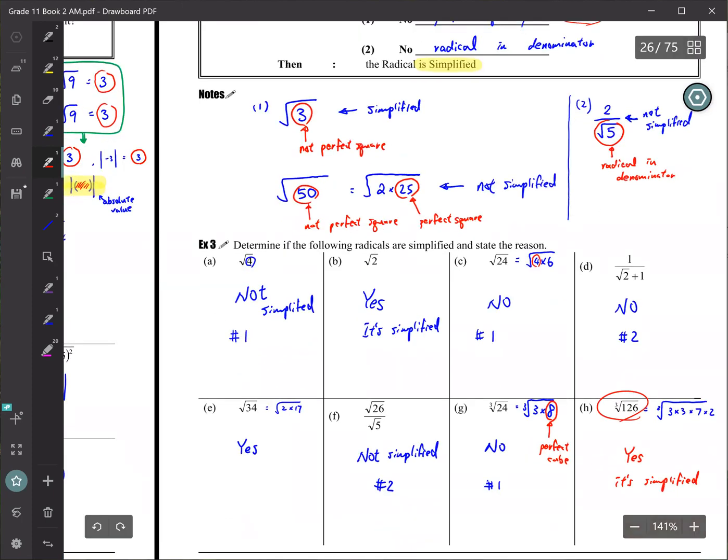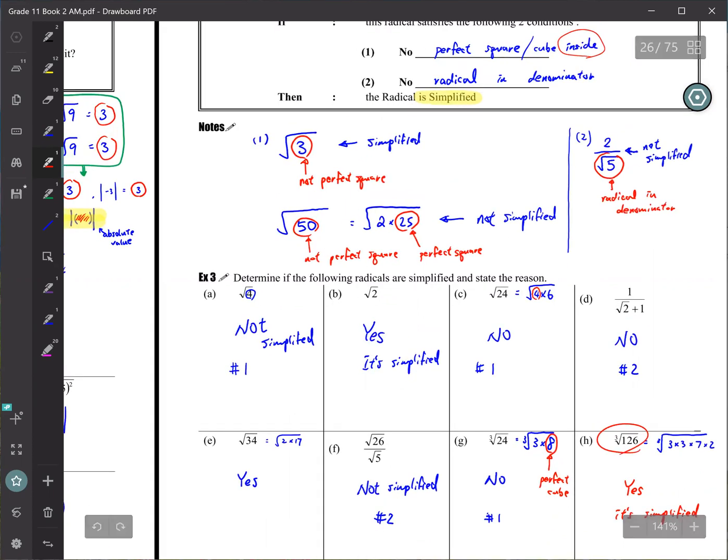If I break 34 down into 2 and 17, none of the numbers are perfect squares, so you know it's already simplified. And then what's the second condition now, Nathan? What is the second condition for something that's simplified?